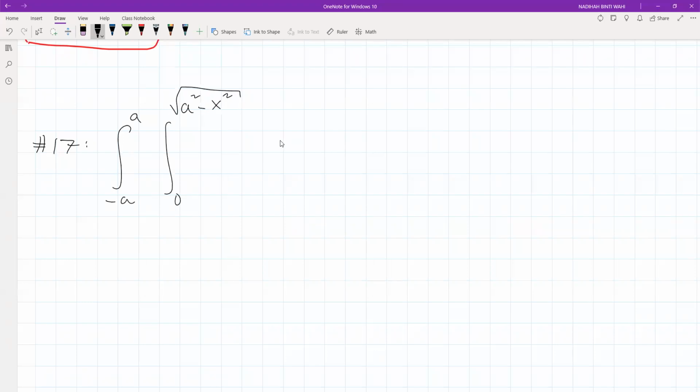So you can see that this is a circle. And then the formula is x squared plus y squared to the power 3 half dy dx. Dx dy. So this is dx dy.